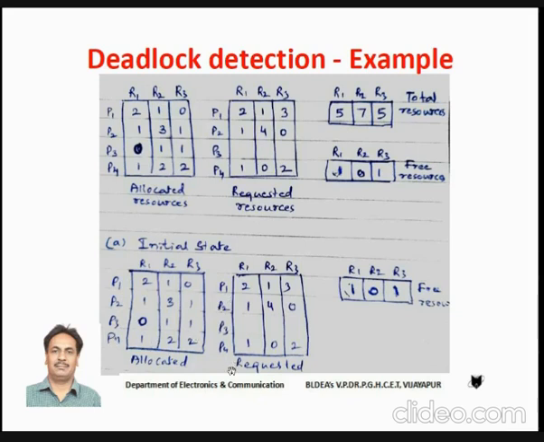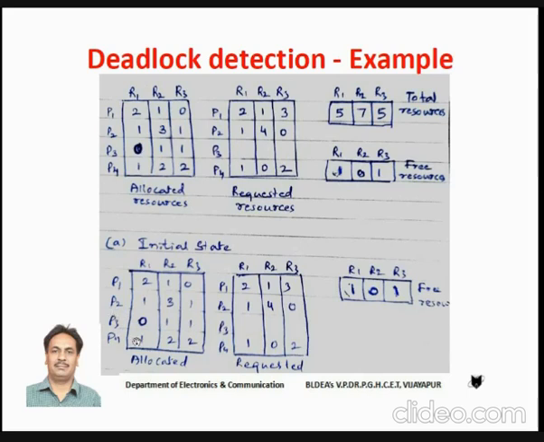If you look at the requested resources, that is, the additional resources, what about P3? Process P3 does not require any resources. For P3, the allocated resources are enough to complete the execution. That's why we can decide that process P3 can complete its execution. Students, please try to understand.